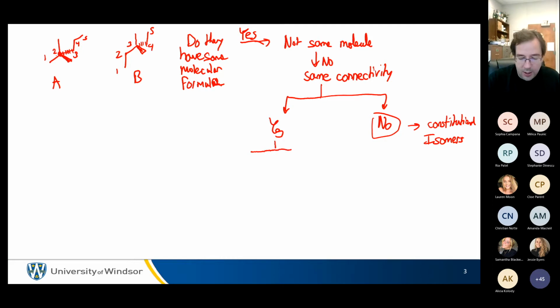Okay, this is where we get the next question. This is where it gets tricky. We've already assigned that these are not the same molecule.